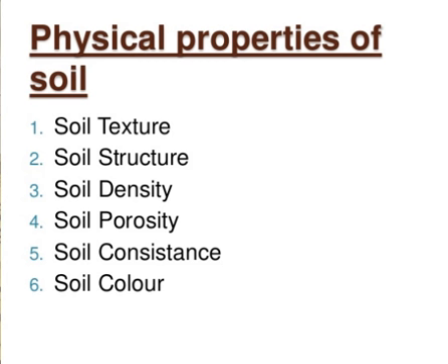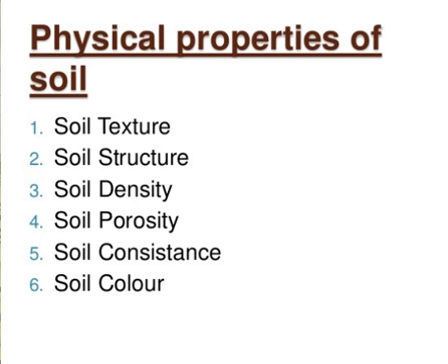Then, what are the different physical properties of soil? If a question arises in your semester exam, that is, enlist different physical properties of soil, it means you have to list only these properties. Number one, soil texture. Number two, soil structure.